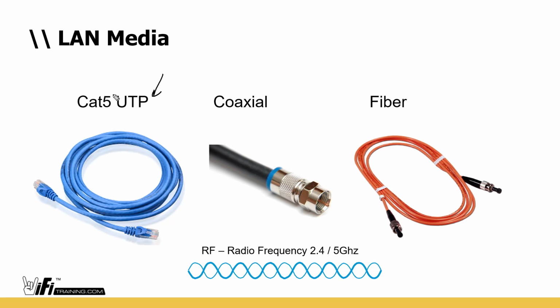Now, it could be Cat5, it could be Cat5e, it could be Cat6, it could be Cat7. There's all different types of categories of cabling. What the categories typically depend on is the amount of resistance it has to interference from crosstalk and other types of EMI around the cabling.